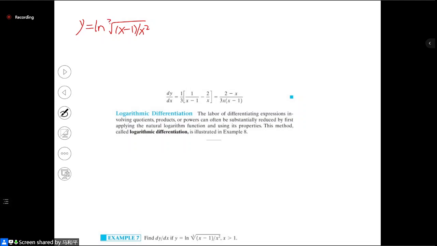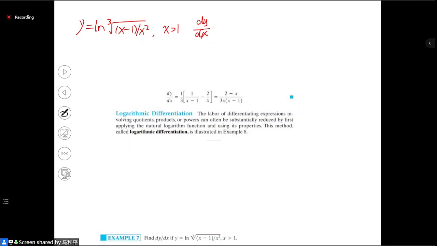Here this question, x is greater than 1, right? And this is to find dy over dx.